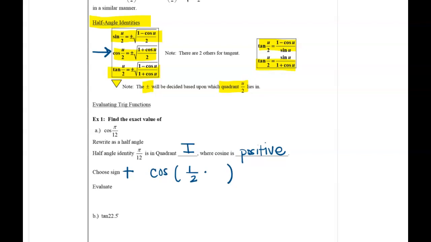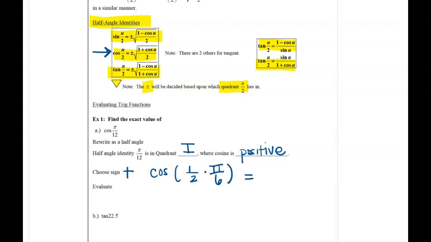So if you take pi over 12 and you multiply it by 1/2, you want it to equal pi over 12. So this would be pi over 6, because 1/2 times pi over 6 gives me my original, which is pi over 12. So I made this equivalent to pi over 12.